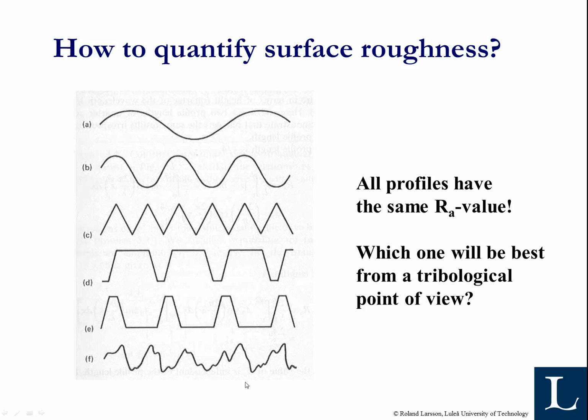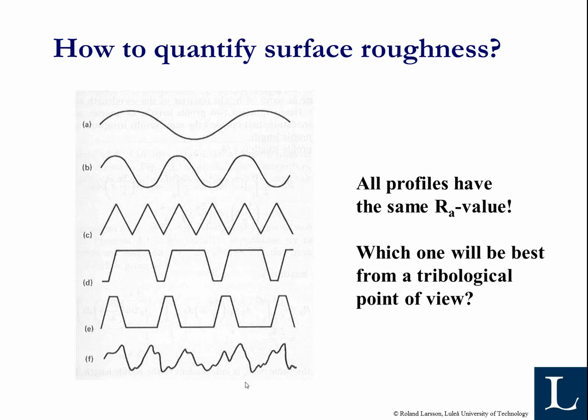Coming back to this Ra problem, this is a classic picture of 6 different surface roughness profiles. They have all the same Ra value, but you can think about it: which one do you believe is the best one from a tribological point of view, and which one is the worst one?